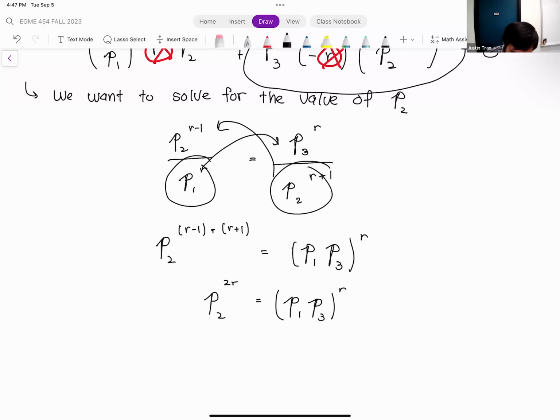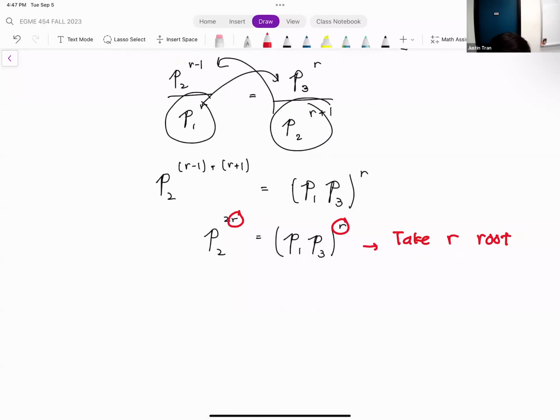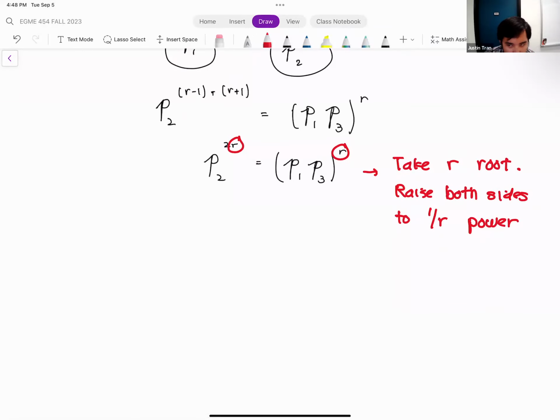All right. Since we have R's on the exponents on both sides, what we can do is take the R root of both sides and cancel that out. Well, I think the easier thing would be to raise it to the 1 over R power, and that'll get rid of the R there.